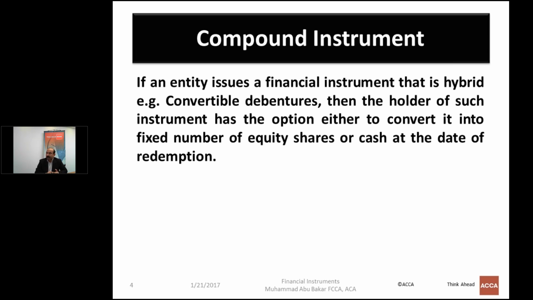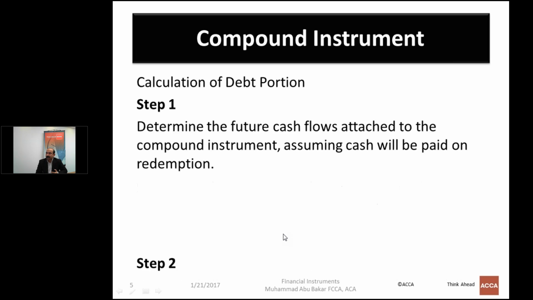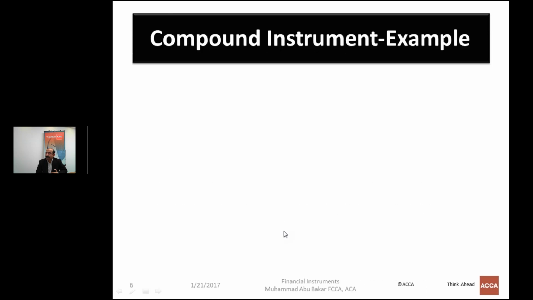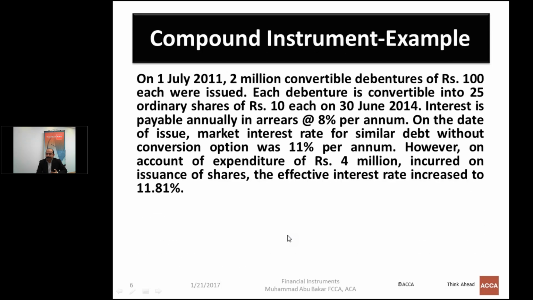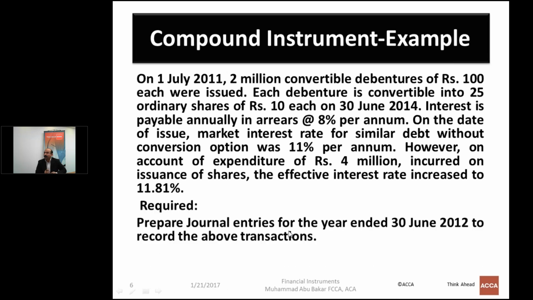Okay. Now let's come to this example. On 1st July 2011, 2 million convertible debentures of rupees 100 each were issued.